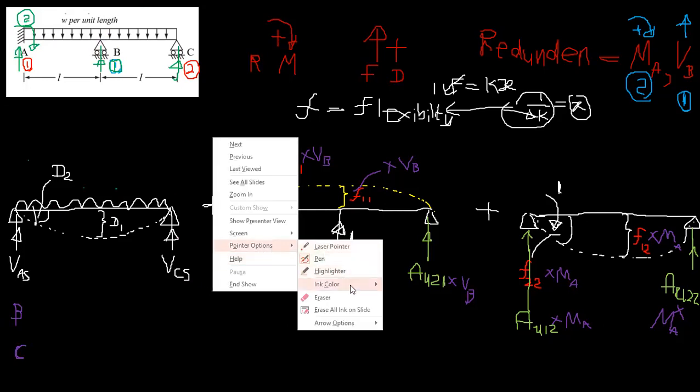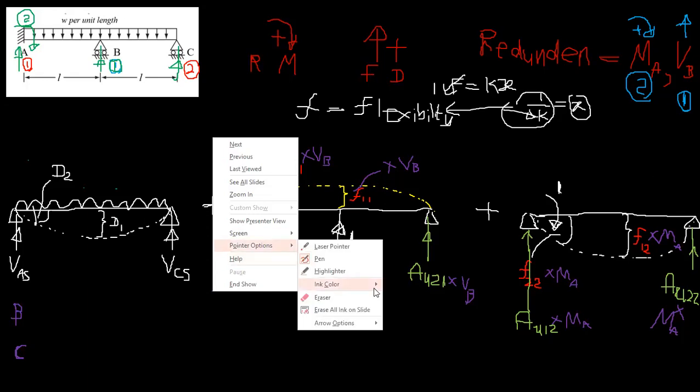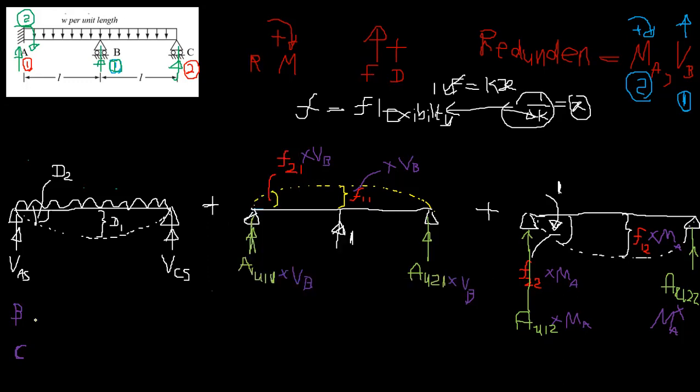But if you have a support settlement, let's say delta, that's your deflection, right? In the original structure. So that means in the force method, we can compensate the support settlements as well, right? So deflection here, the shape, is zero.